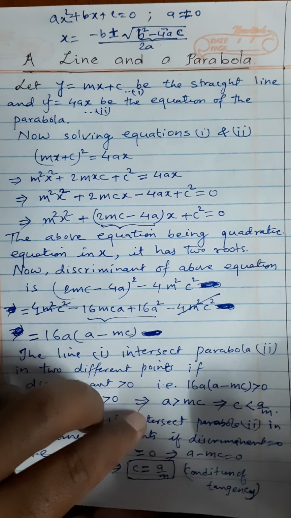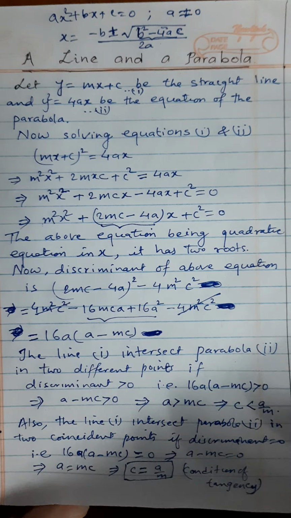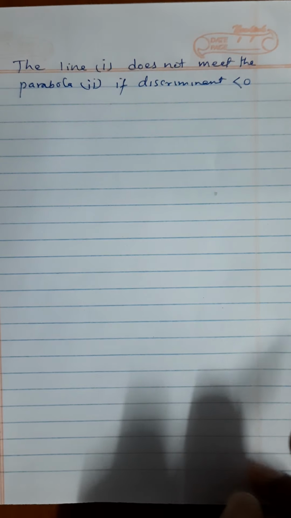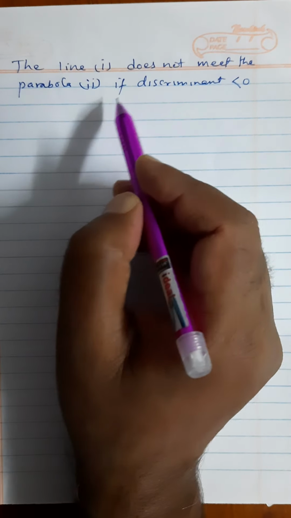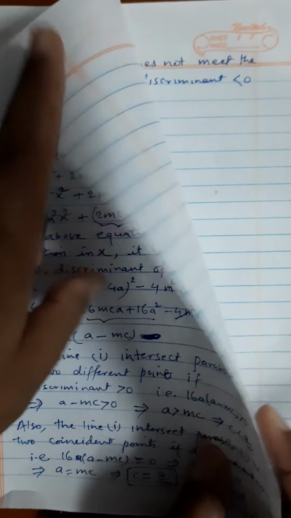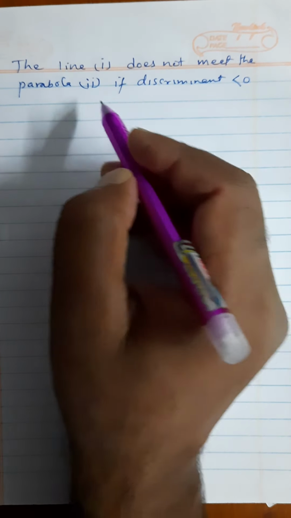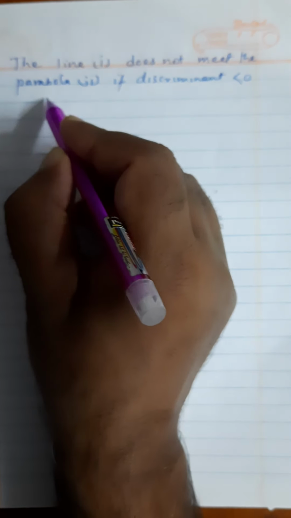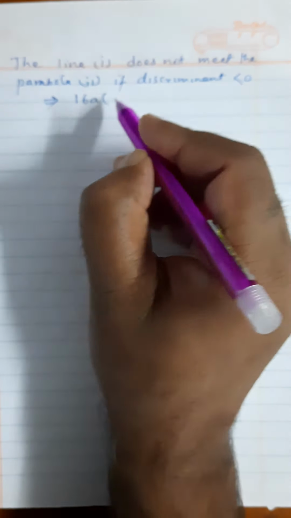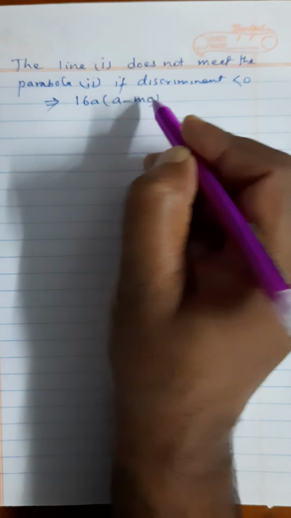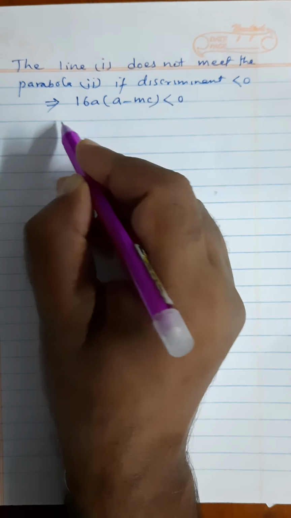That means the line does not meet the parabola. The concept is clear with the help of this formula. Here our discriminant value is 16a times a minus mc, that is less than 0.